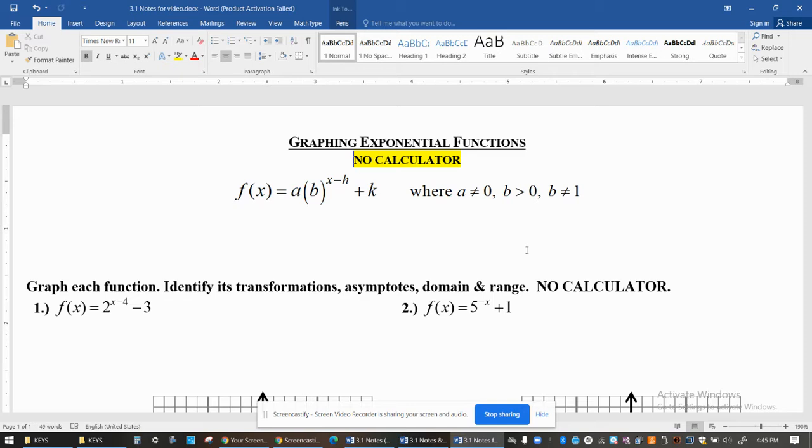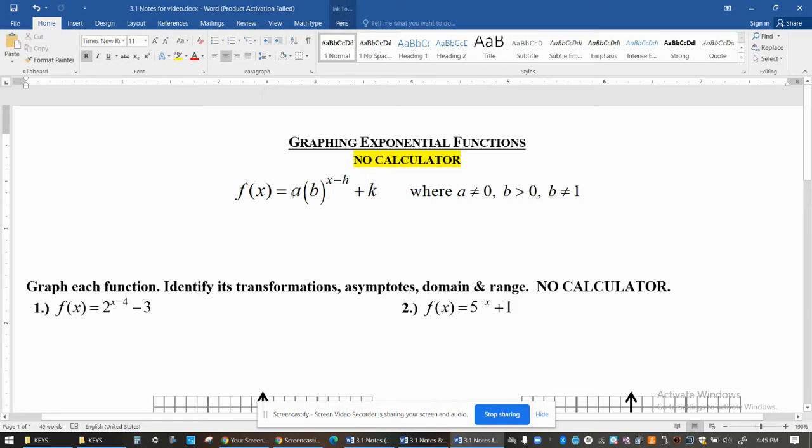Notice that according to the rules, an exponential function has x as the exponent. Okay, so notice that the variable x is part of the exponent. It can have a multiplier out in front, and whether it's positive or negative will affect whether it's reflected over the x-axis. Now, the base has to be greater than 0, okay?